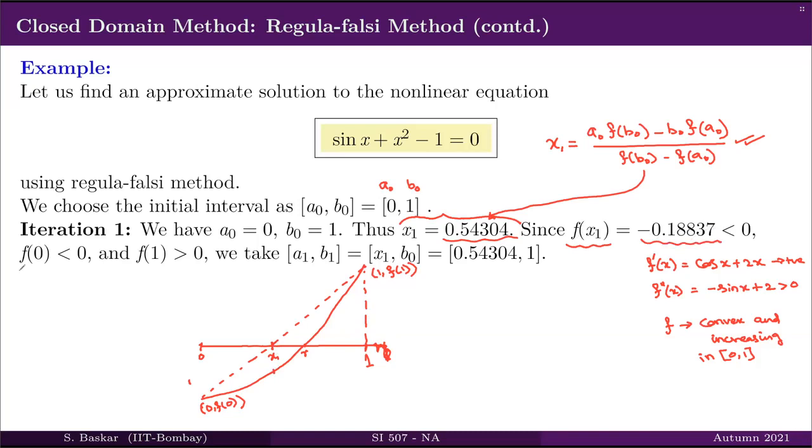And you can also see that f of 0 is negative and f of 1 is positive, right? Therefore, f of x1 into f of 0, both are negative, therefore this is positive, and hence you will discard this interval.